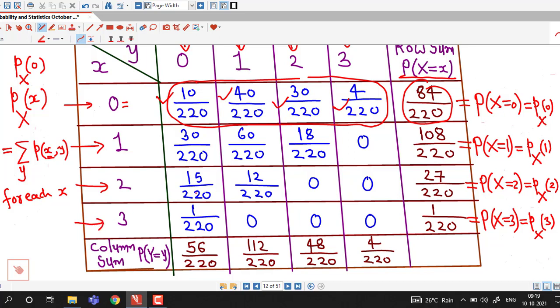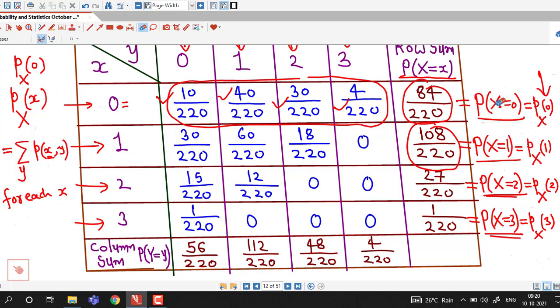So if we are interested in the marginal probability mass function of random variable x, then row totals will give us the values of the marginal probability function of random variable x. The first row total is the value of the probability mass function of x at x equal to 0. The second row total is the value of the probability mass function of x at x equal to 1, and so on.